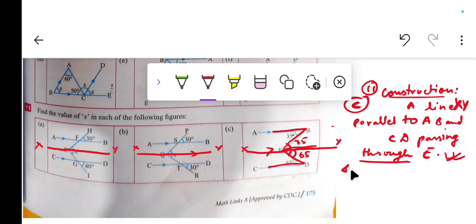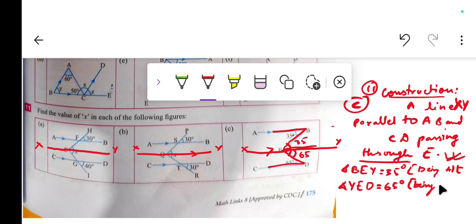You'll write angle BEY is equal to 35 degree, being alternate angle. Similarly, angle YED is equal to 65 degree. For this also the reason will be the same, being alternate angle.